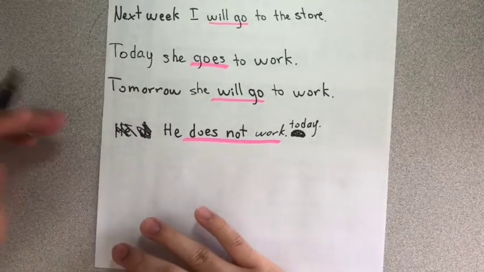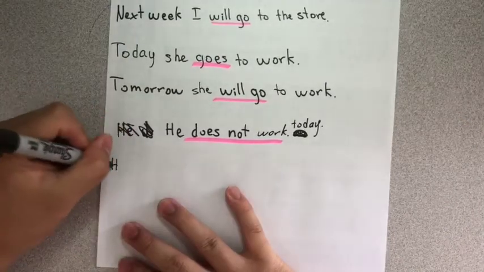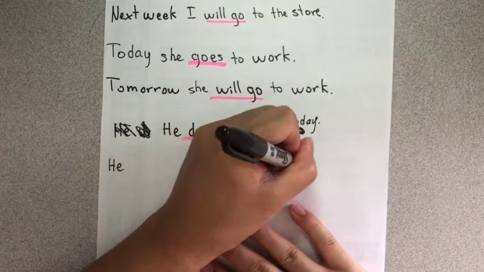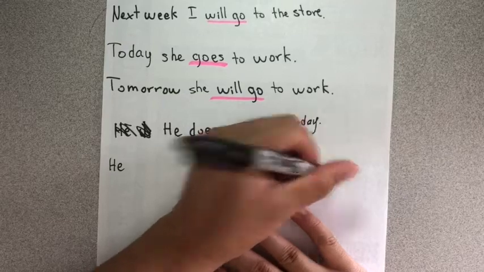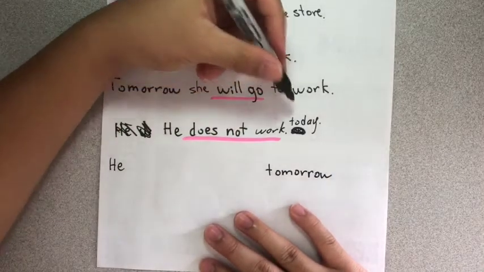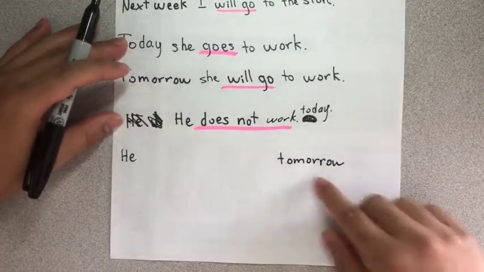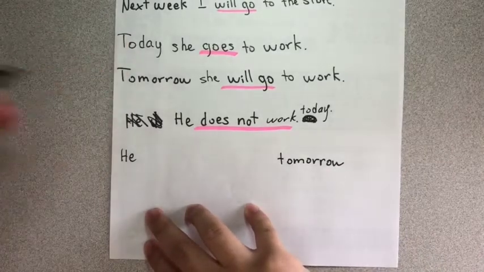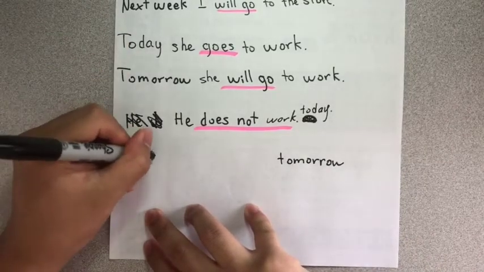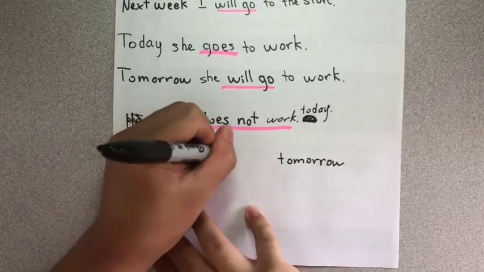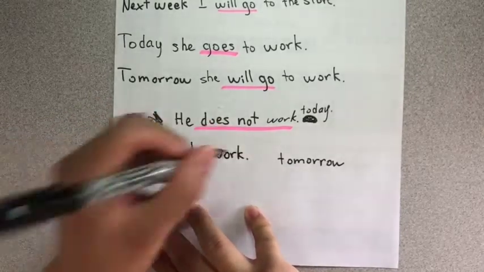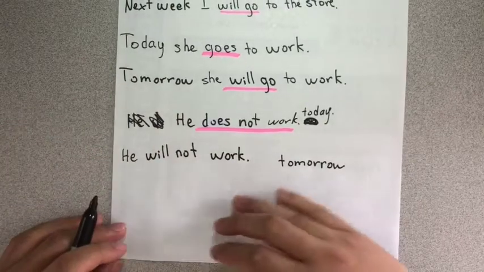Okay? So, how do we write this for tomorrow? We have he does not work today. But now if we're talking about tomorrow, we say he will not work. He will not work tomorrow.